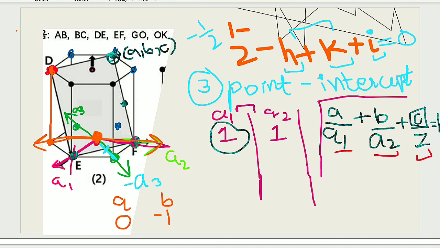Only the motion along A3 directions should be avoided. So the closest path that we could adopt is this one, where the A3 motion is not considered.